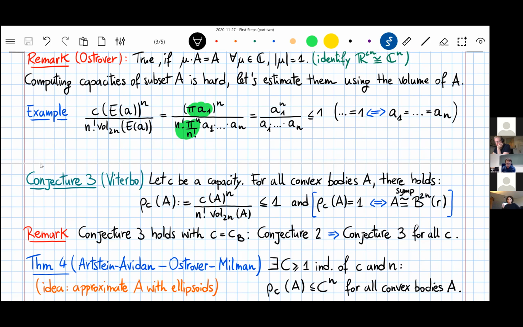And you also see now a nice interaction between this conjecture and the conjecture that all capacities should be equal on convex bodies, because now you know conjecture 3 for the ball capacity. If all capacities coincide, then you know conjecture 3 for all capacities. So you see that conjecture 2 is stronger than this conjecture 3. Okay, so now again about motivation for this conjecture 3.